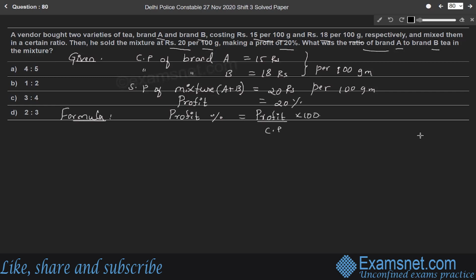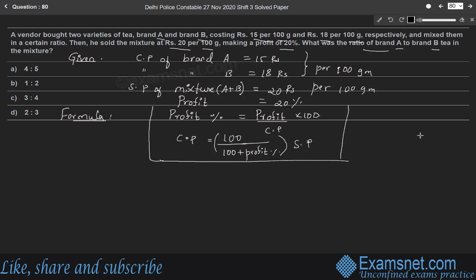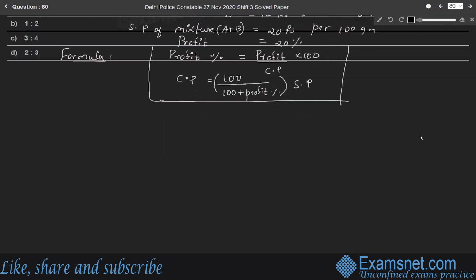And one more formula to find the cost price: cost price is equal to 100 by 100 plus profit percentage into selling price. Right? These two are important formulae. Next, we come to the calculation part.